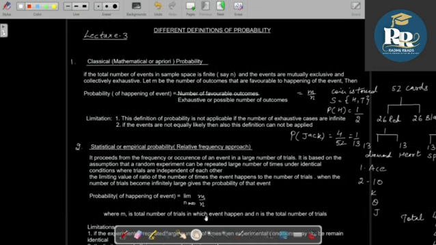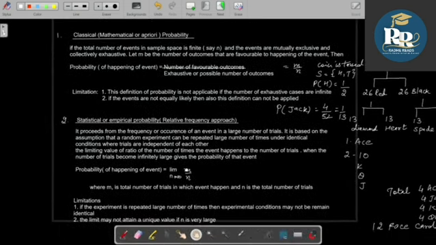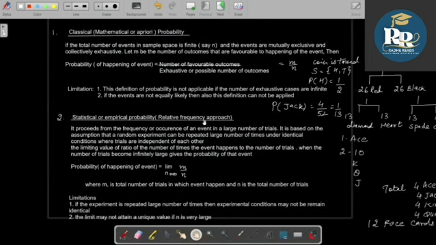To overcome this problem, we have another approach called statistical or empirical probability. So now we come to the second definition. What is statistical or empirical probability? It is based on the occurrence of an event in a large number of trials.